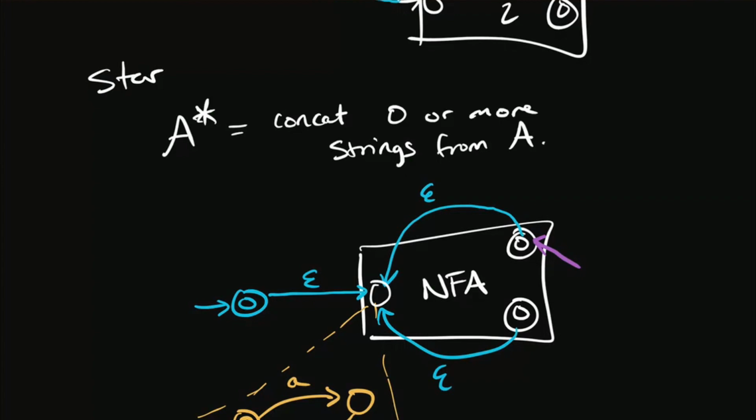Yeah, I stay there. So what if I do have more to read? I definitely have more to read and I want to accept. What do I have to do in that case? I have to take the epsilon transition. So the reason why we did this is that we needed a way to get back through the machine.